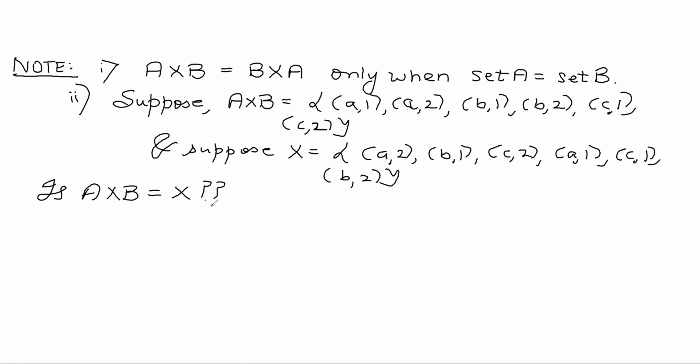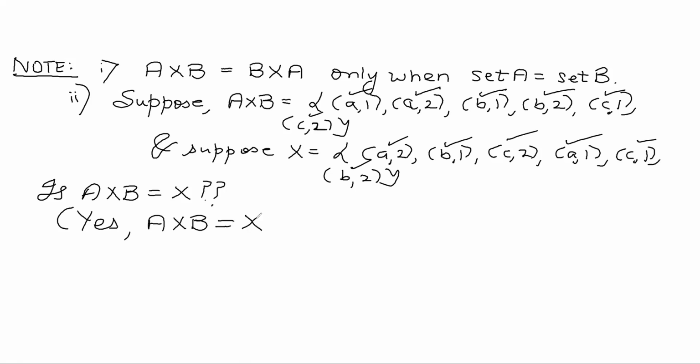For example, if I have (a,1) here, I should have (a,1) here, but it doesn't matter where it is. So the answer is yes. A cross B is equal to X.